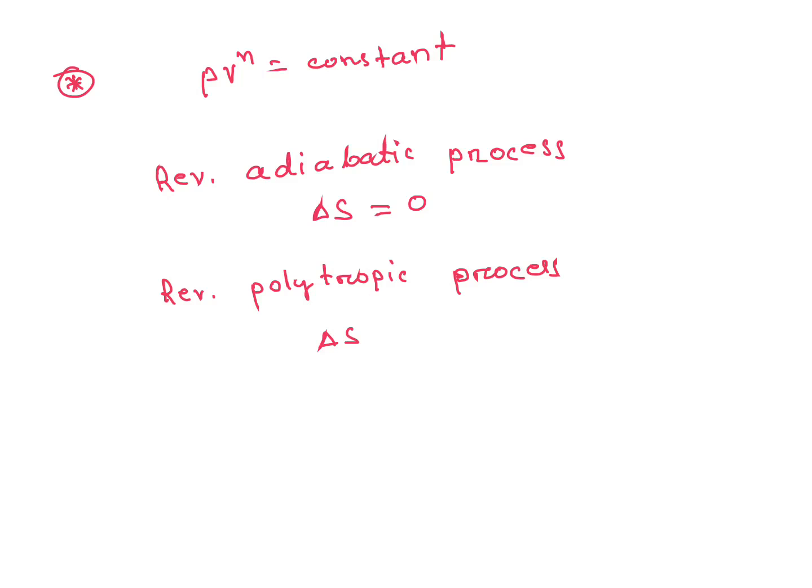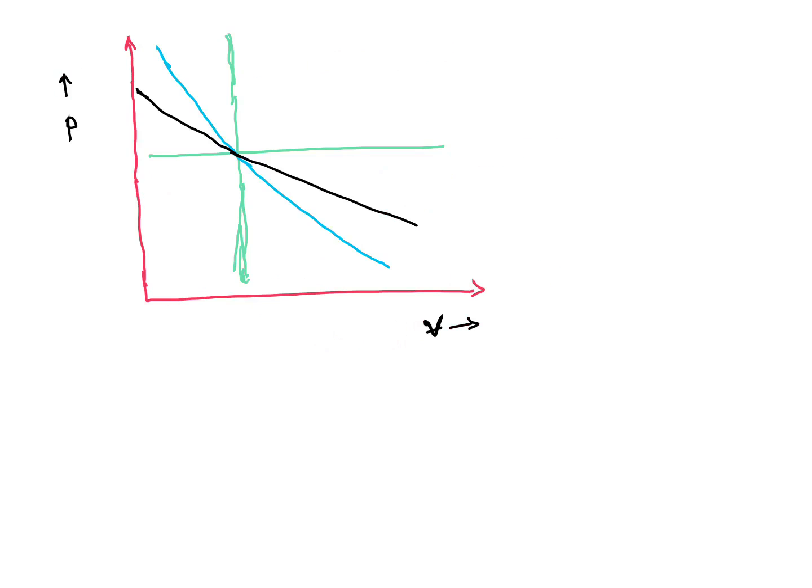This is very important. This graph is very important for different values of n. Here n equals 0 for constant pressure process, and for constant volume process n equals plus or minus infinity. This one n equals 1, isothermal process.